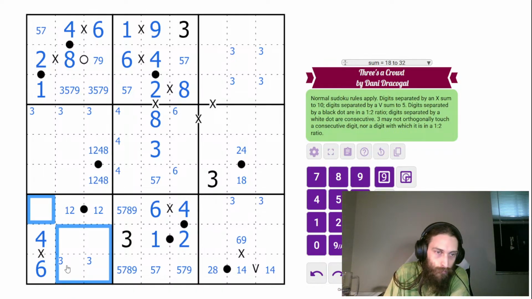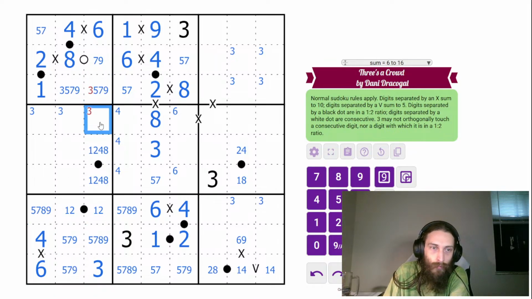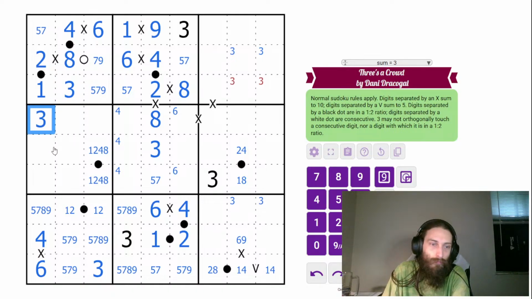Three can't be next to 6 there in box 7. Right. 5, 7, 5, 9. This has to be a 3, so that one's a 3. Row 9, you can place the 2.